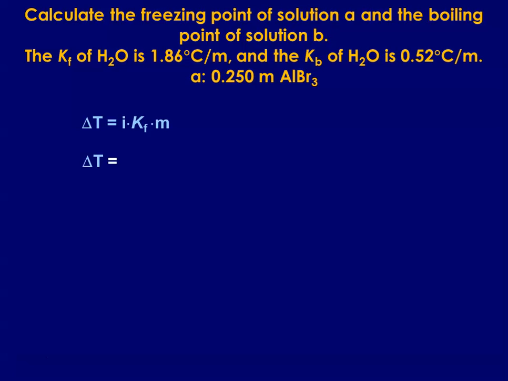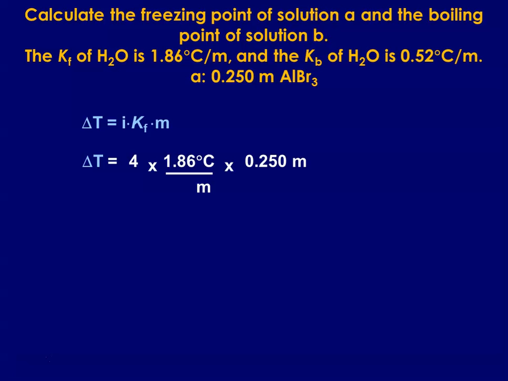So we would have an i of 4. You were given the Kf value, that it changes 1.86 degrees Celsius per molal. This is specific for water. Every solvent has a unique Kf, and you were given the molality, 0.250.